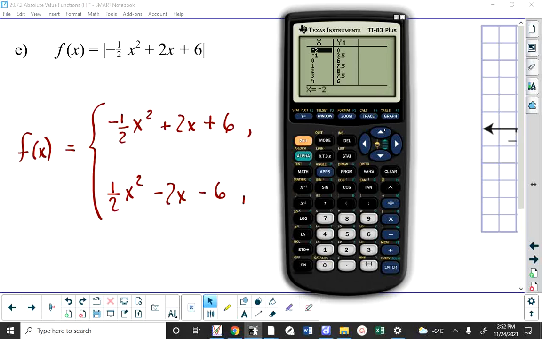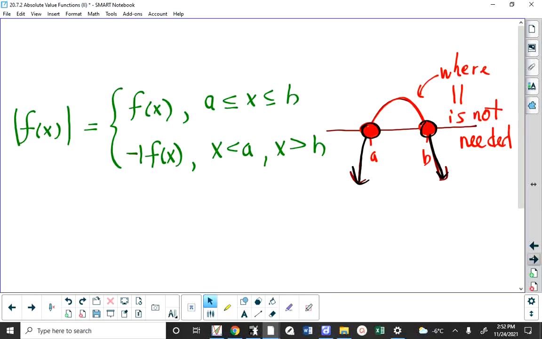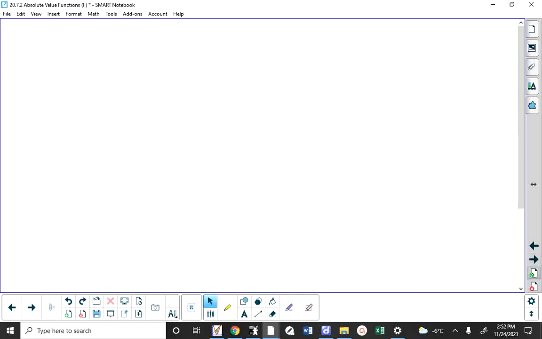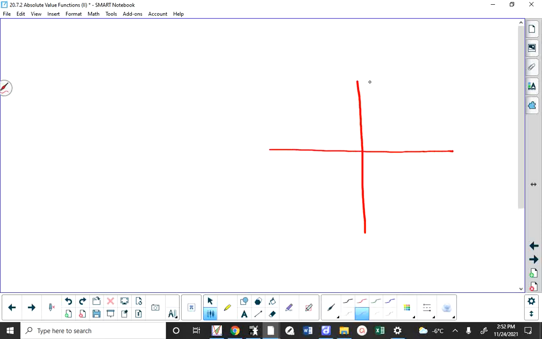So that means, everybody, that this is a parabola without the absolute value signs, which crosses at -2, crosses at 6, opens downward. So where are the absolute value signs not needed?